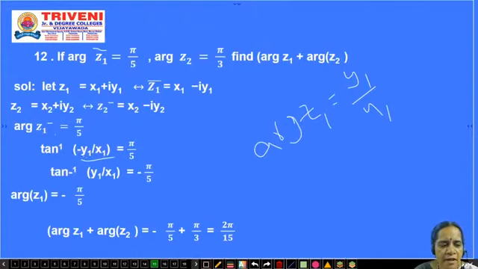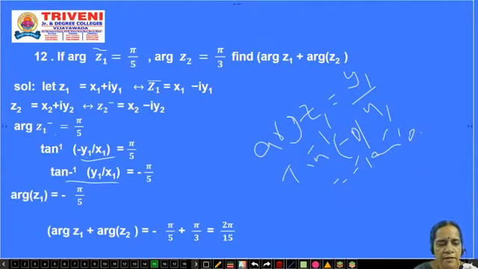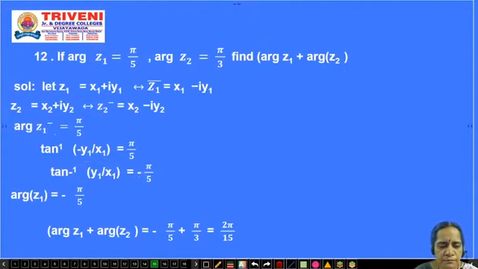What is the value of tan inverse of minus theta? Tan inverse of minus theta is equal to minus tan inverse theta. Then this minus goes to the other side: tan inverse of y1 by x1 is equal to minus pi by 5. The tan inverse of y1 by x1 is equal to arg of z1, that is equal to minus pi by 5. What we have to find the value of here?